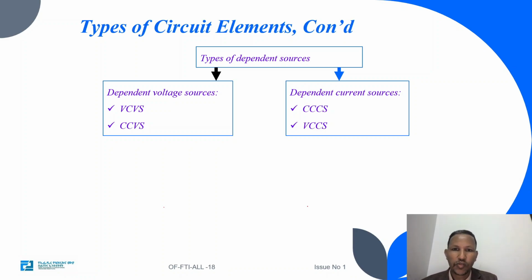So for the types of dependent sources, under the dependent voltage source we have two very important sources, and under the dependent current source we have two very important sources. The first is the voltage controlled voltage source, VCVS.